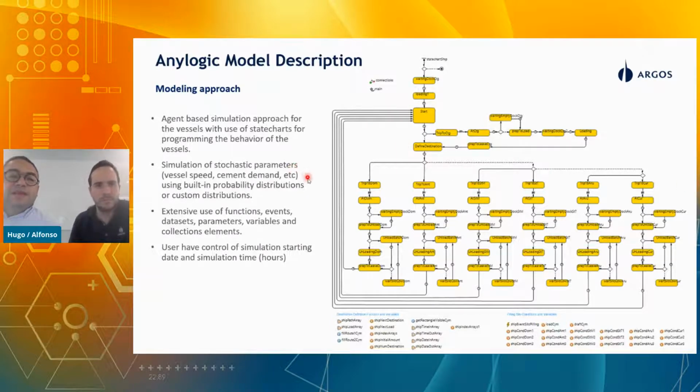We simulate stochastic parameters like vessel speed, cement demand, and other parameters using the built-in probability distributions that AnyLogic has, or we can also use custom distributions. So you can model those stochastic parameters.